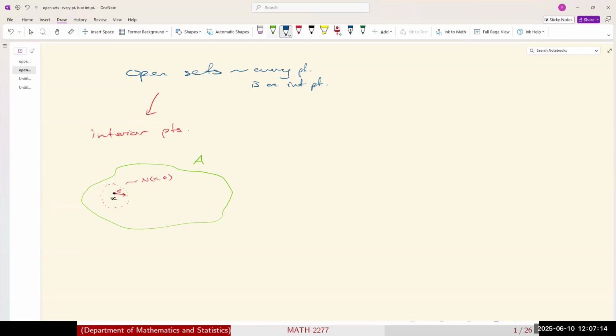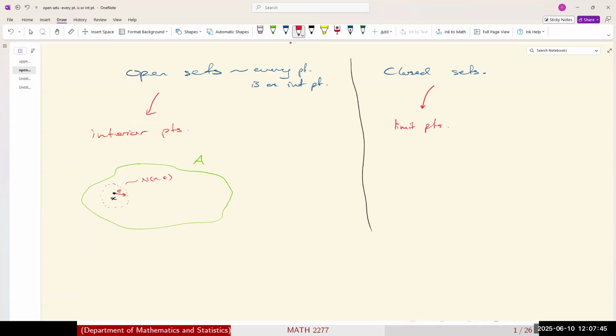Now we're going to look at another side of things, something called the closed set. The closed sets today. Just like the open set dealt with a certain type of point called the interior point, we will see later on that the closed sets deal with another type of point, not interior points. These points are called limit points.